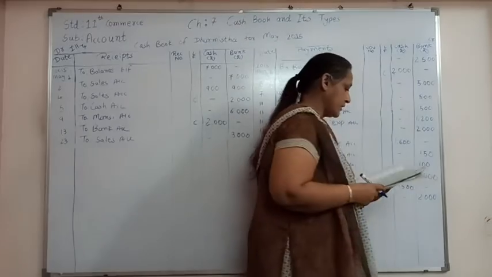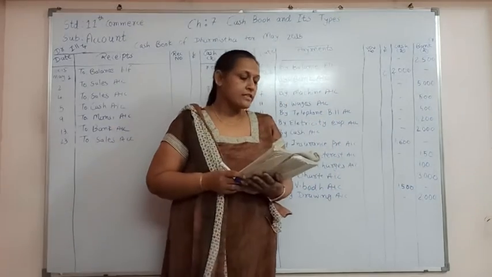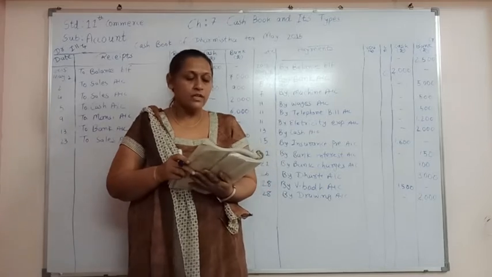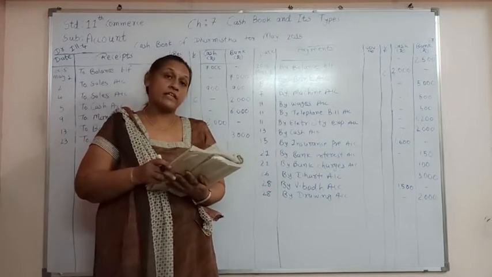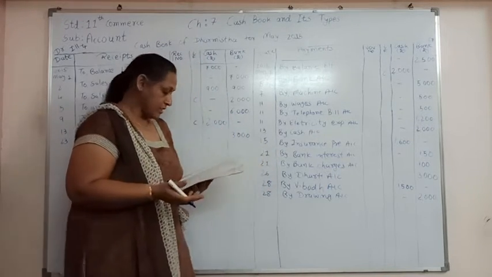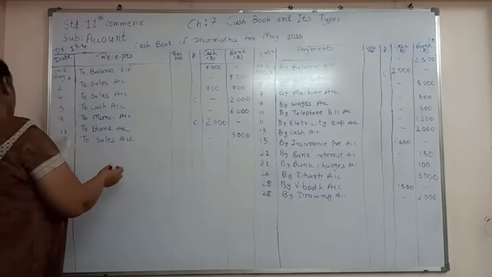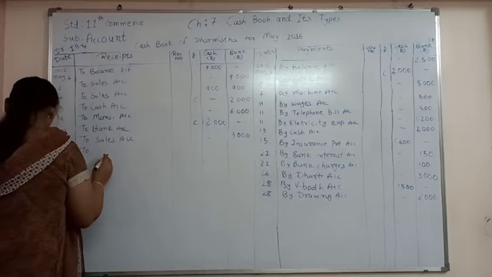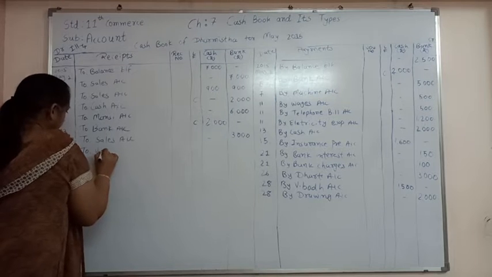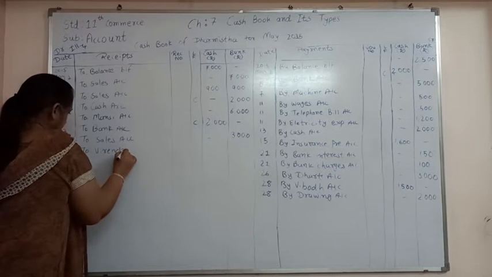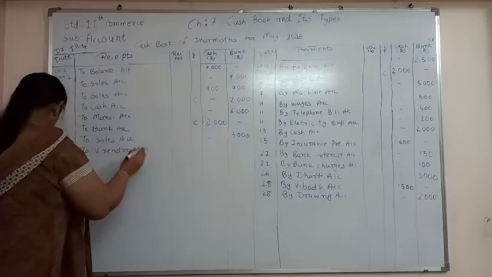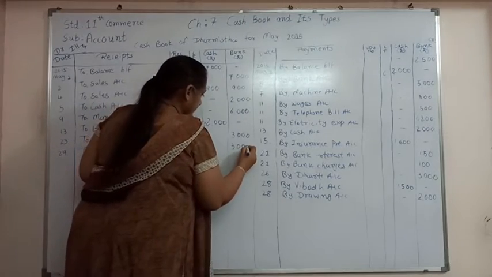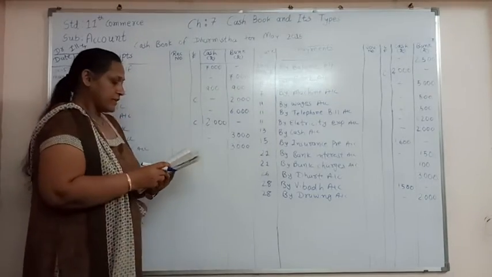Again, after 28, there is date number 29, check of rupees 3000 received from a customer Virendra. So that check we have received, so we are going to write on the debit side of bank account to Virendra. That will be 3000 on 29.